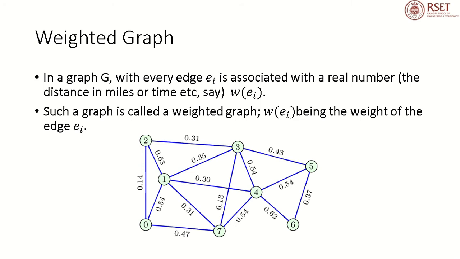In a graph G, every edge Ei is associated with a real number. That number is denoted as W of Ei and it is called the weight of that edge. That number can be a distance in miles or time, etc. Such a graph is called a weighted graph, W of Ei being the weight of the edge Ei.